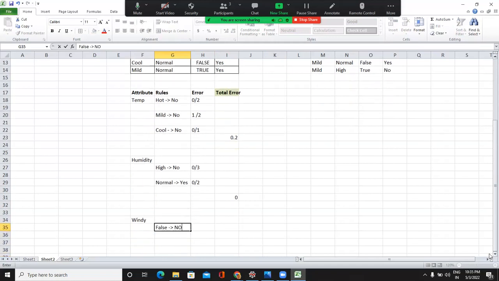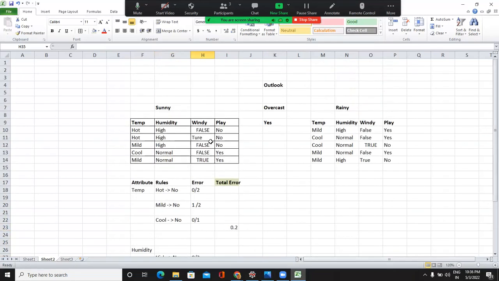False as no as the rule. And then we will be committing an error 1 out of 3 times. So it is false 3 times, and only once it is yes.